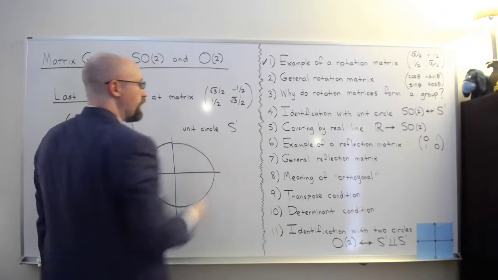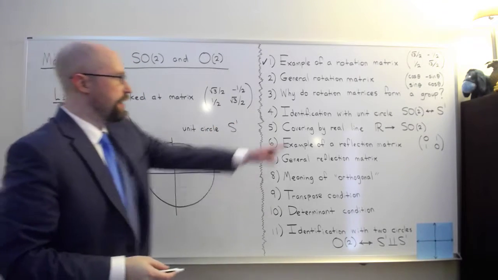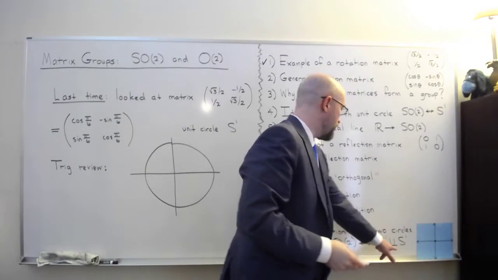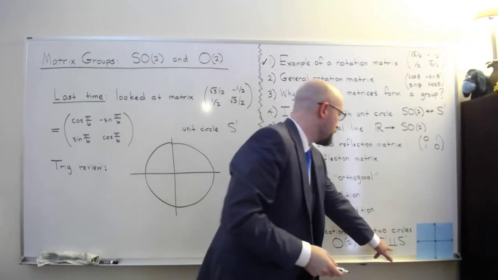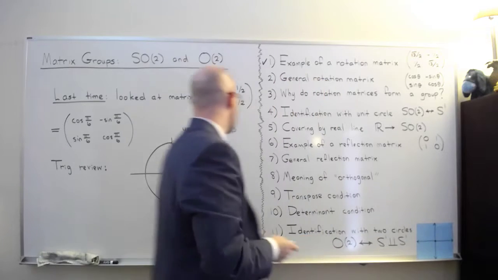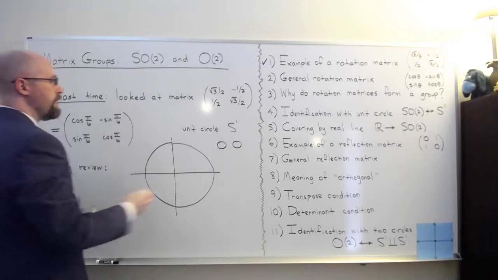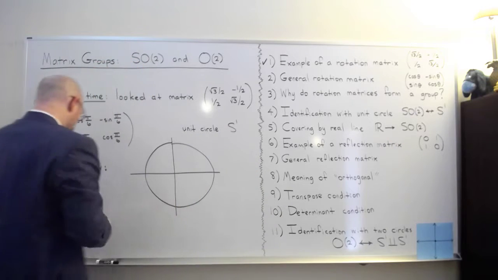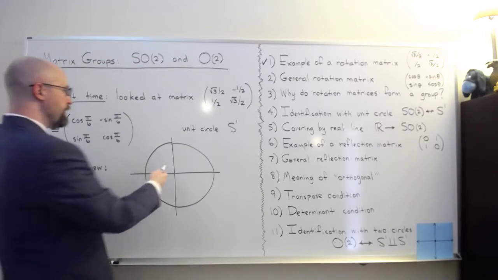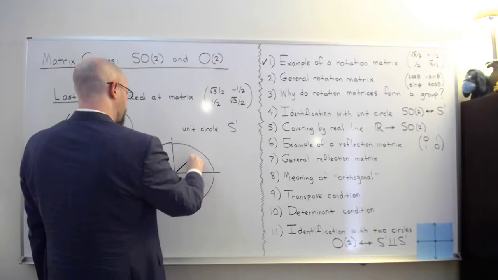This is oftentimes called S1. Now you see it here, and you see it down here again. This means 2 copies of S1, so that's 2 circles, and we'll see how that comes into play later.